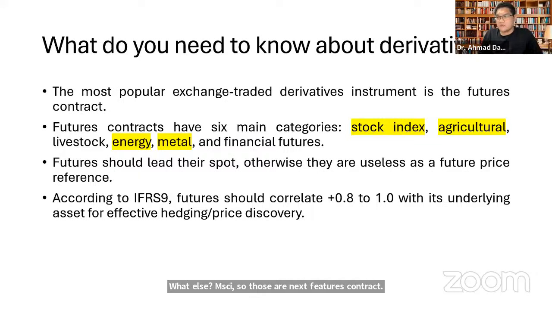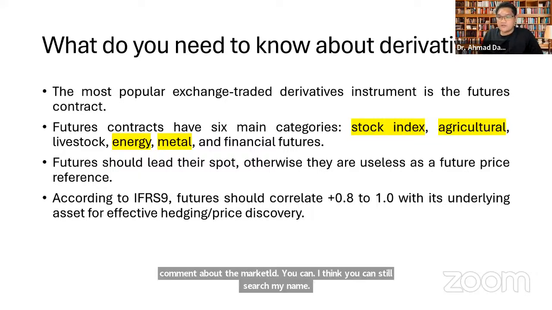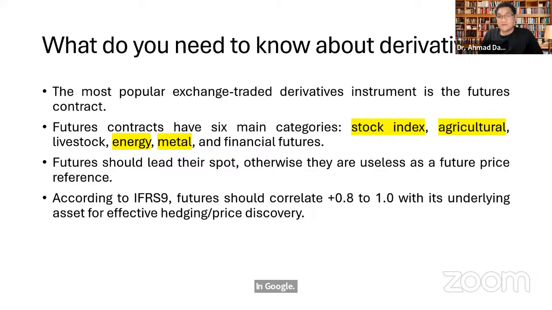Agriculture futures contract. We do have our own gold futures, FGLD. Ten years back, I was always requested by Bernama to comment about the market direction of FGLD. I think you can still search my name in Google. We also have the very popular one, FCPO. Then in the US, we have its rival.